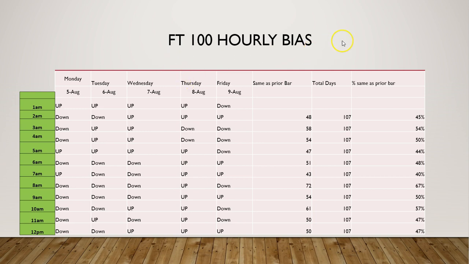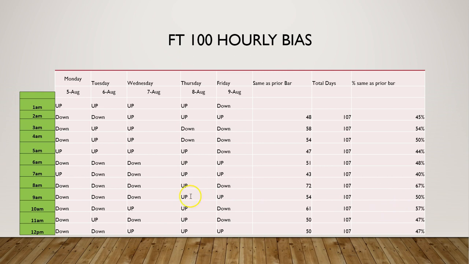Then I started looking at some probabilities. I asked where the highest probability is that I'm going to have the same colored bar as the prior bar. In other words, if the 1 a.m. is up, what is the highest probability that the 2 a.m. is going to be up? I did that for every one of the bars.